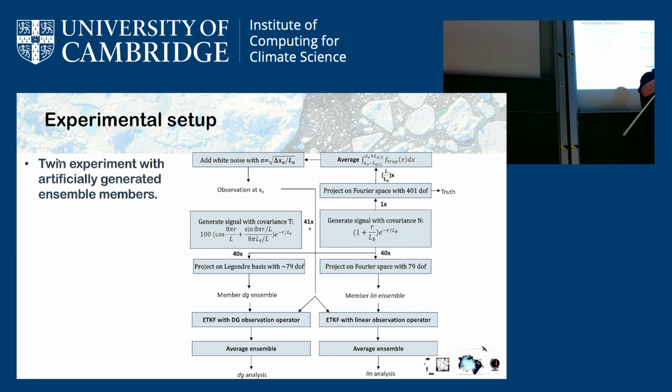This is basically the same as saying, well, a model can't represent all the small scales. We do that in two ways. One way is projecting it on one of these polynomial bases. The other way is just taking the Fourier transform and throwing out all the small scale Fourier coefficients.